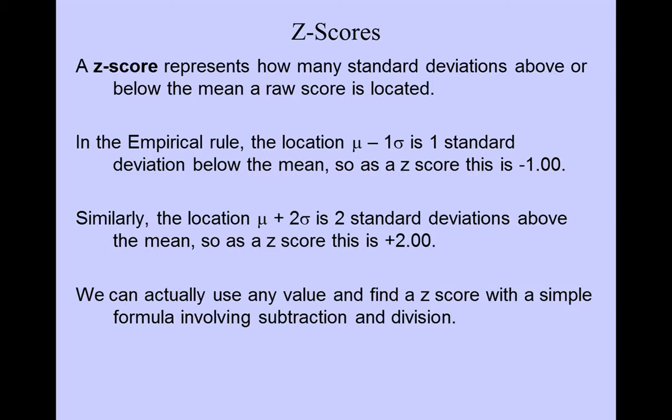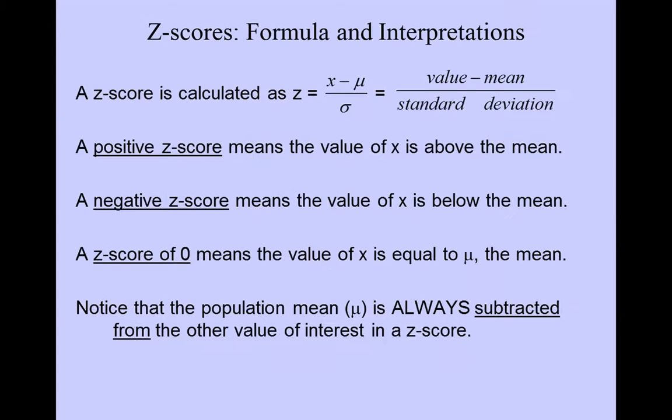Similarly, the location of mu plus 2 sigma is 2 standard deviations above the mean, so as a z-score, this is positive 2.00. We can actually use any value and find a z-score with a simple formula involving subtraction and division. A z-score is calculated as z equals x minus mu over sigma, or value minus mean divided by standard deviation.